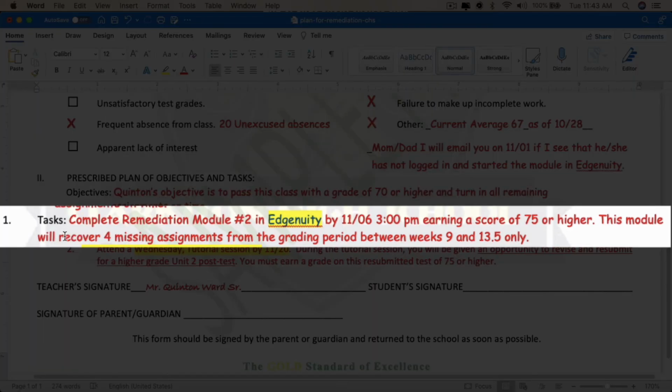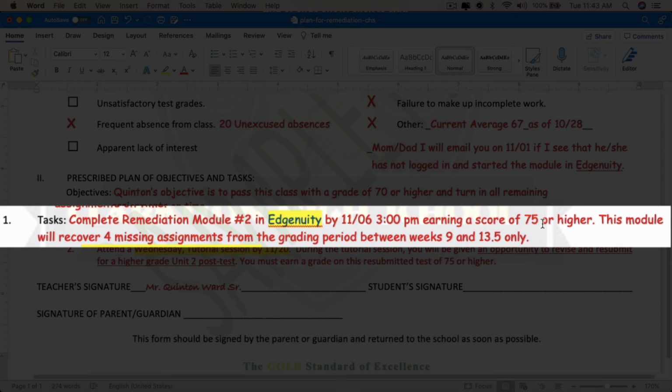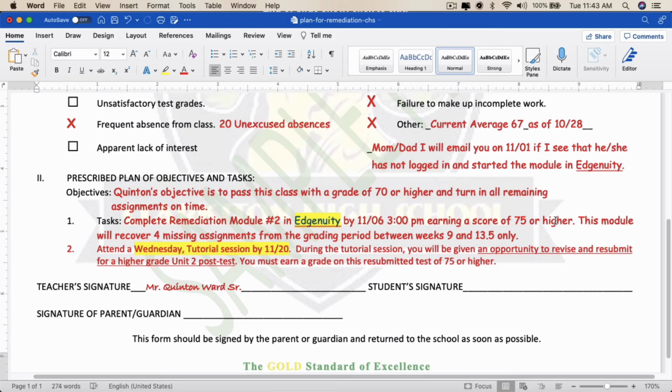Task: Complete the remediation module number 2 in Edgenuity by November the 6th, 3 p.m., and the student needs to earn a score of 75 or higher. You don't want to just say complete the module in Edgenuity, because if the child completes it and fails everything, it won't achieve our objective of a grade of 70% or higher.